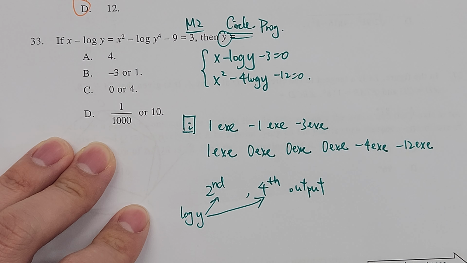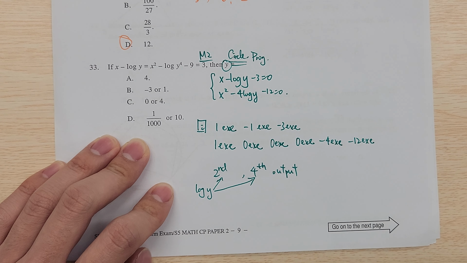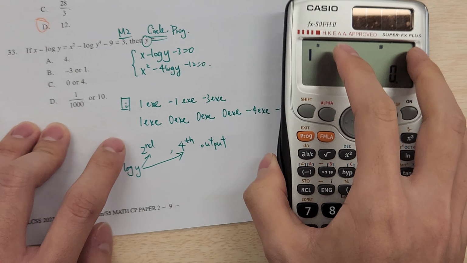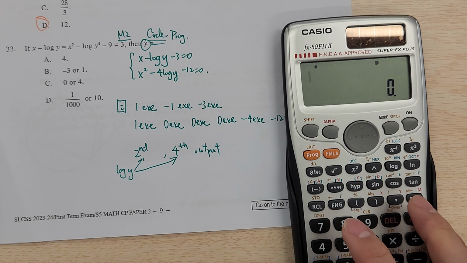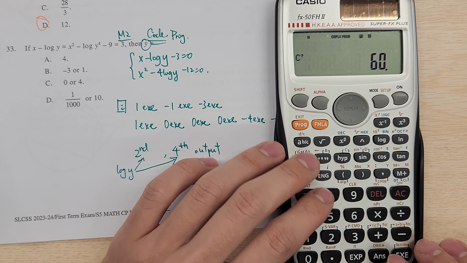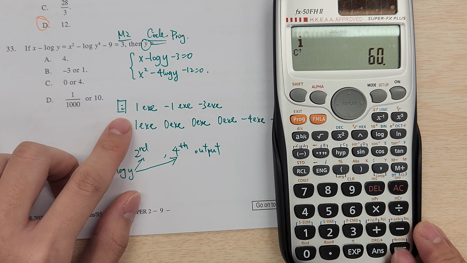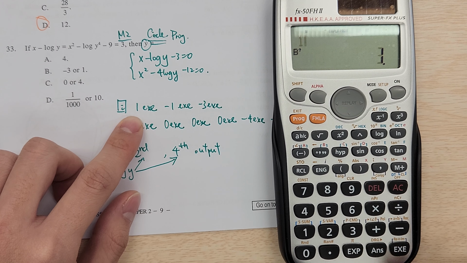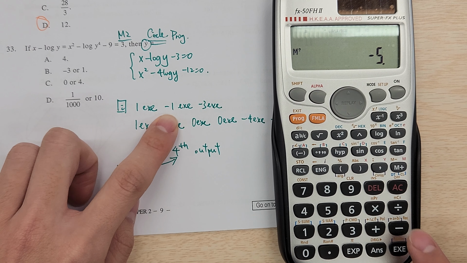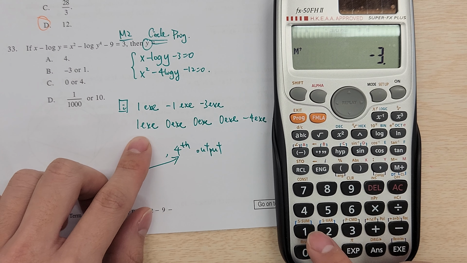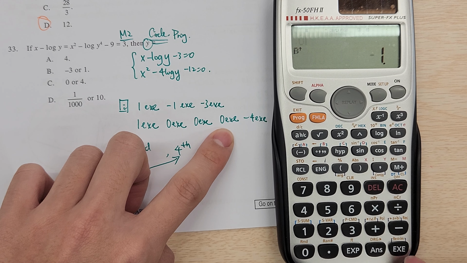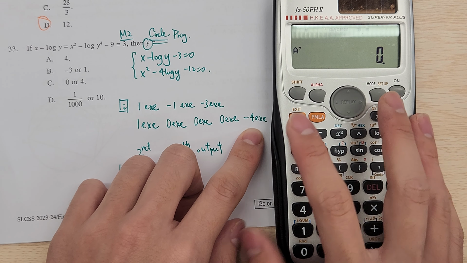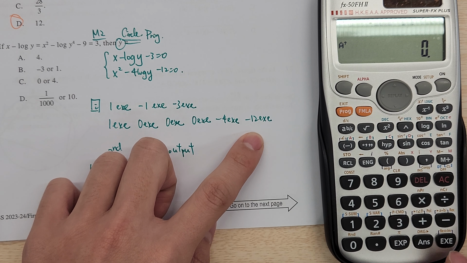So let's see how we do it on our calculator. Go to your equation program, the circle equation program. For me, it will be program 3. So type I, 1 exe, negative 1 exe, negative 3 exe, 1 exe, 0 exe, 0 exe, 0 exe, negative 4 exe, and finally negative 12 exe.